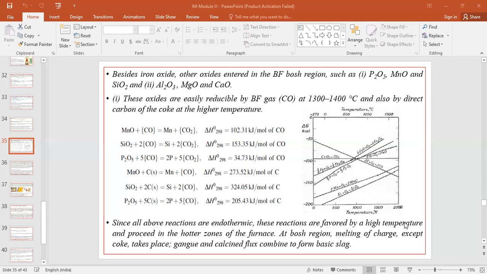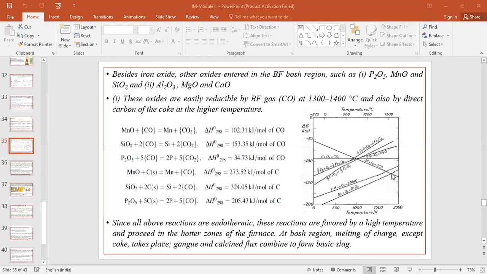So from the Ellingham diagram, we can understand how the indirect as well as the direct reduction reactions are happening. At high temperatures, the oxides, the MnO and SiO2, will get reduced by carbon.